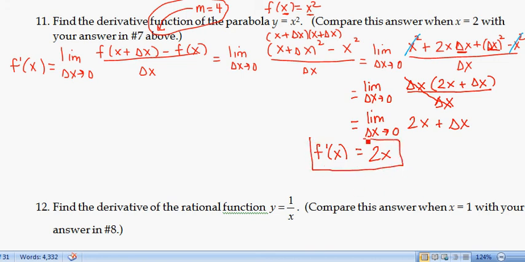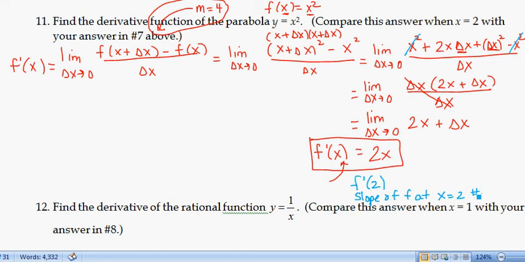Okay, we found our first derivative function. And note, this really is a function. It takes as an input an x, and it spits out the slope at that x value. So if we compare this answer to when x equals 2, so let's think about when x is 2. So I want to know, what is f prime of 2? This is asking, what is the slope of f at x equals 2?